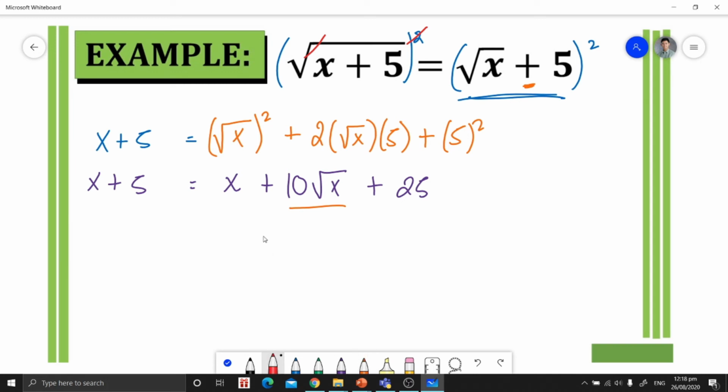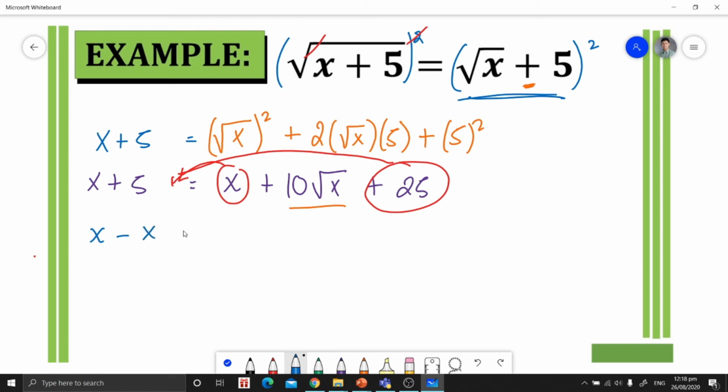So let's transfer x and positive 25 to the other side. So we have x minus x plus 5 minus 25 is equal to 10 square root of x. Let's simplify. We will have negative 20 is equal to 10 square root of x.